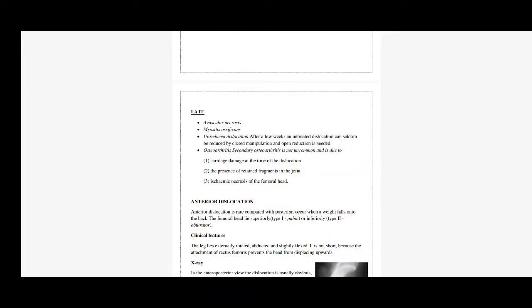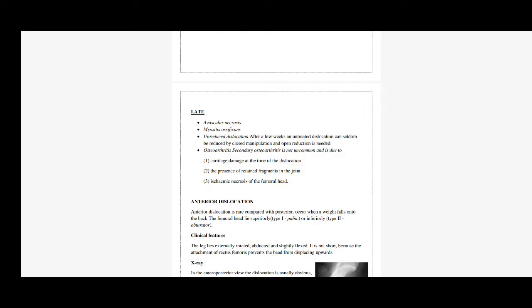Late complications include avascular necrosis, especially in fracture dislocation or neglected dislocation, which is delayed to reduce after 6 hours. Myositis ossificans due to profuse muscle injury and bleeding. Also a dislocation reduced after a few weeks, especially if the patient has head trauma, which may have missed the posterior hip dislocation.